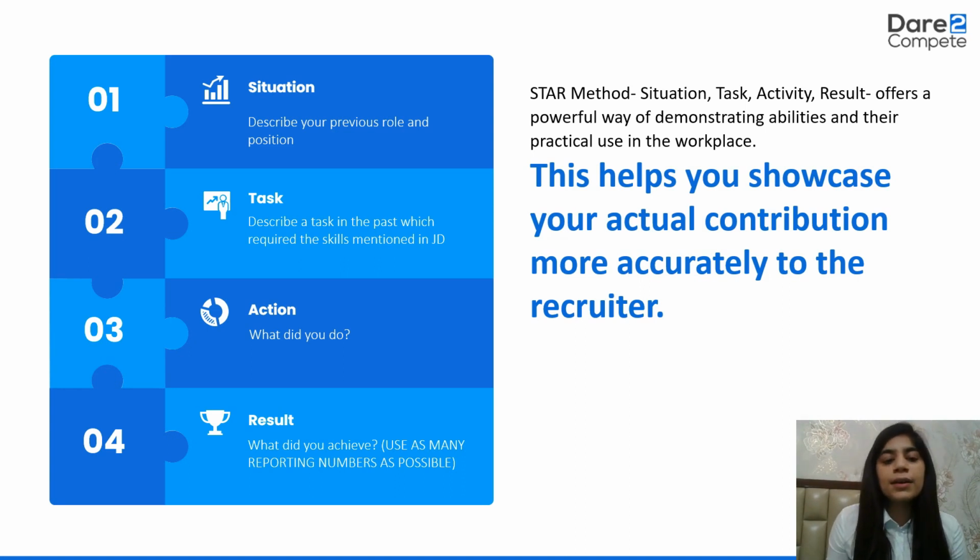You should write how much optimization you did, or what was the impact on the top line or bottom line for the company when you worked on that project. Adding a lot of numbers in the result means you actually created a significant impact, and it is a very important point while giving your work-ex related data. This entire thing would help you in showcasing your actual contribution more accurately to the recruiter.